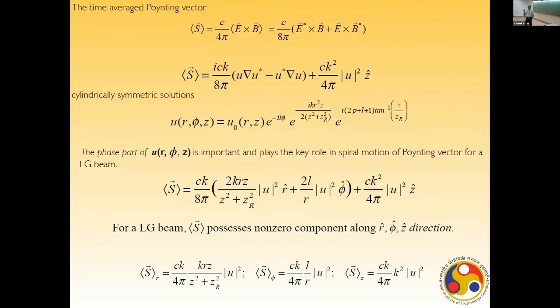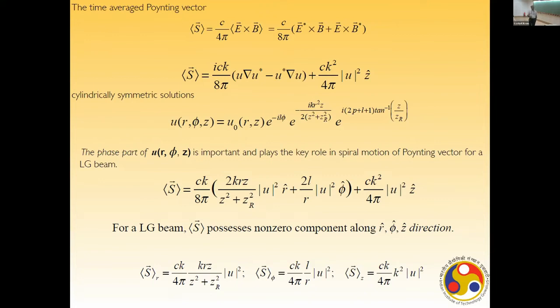In order to clarify what directions are involved in this Poynting vector, instead of the plane wave solution I am going to take a logarithmic Gaussian mode. The logarithmic Gaussian mode has three dependences: r, phi and z. Z is the longitudinal direction, phi is the azimuthal angle, and r is the radial vector.